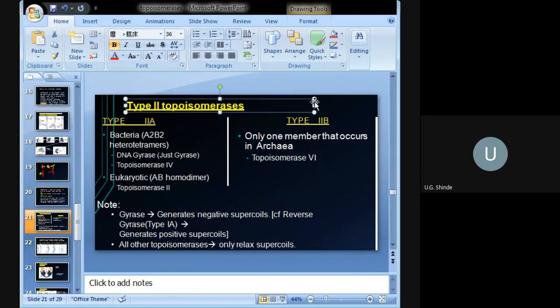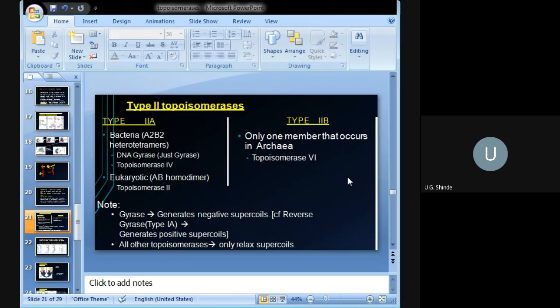Now we are learning the type 2 topoisomerases, and make these differences in your notebook also, type 2A and type 2B, because we learned in previous slides topoisomerase 2 is also having two subclasses as type 2A and type 2B. Did you mention in the columns in your notebook?